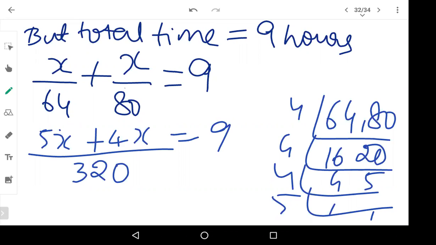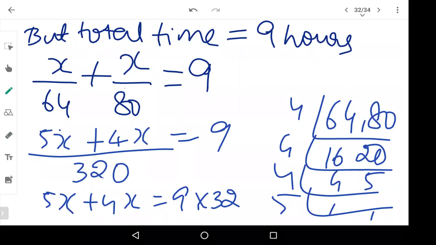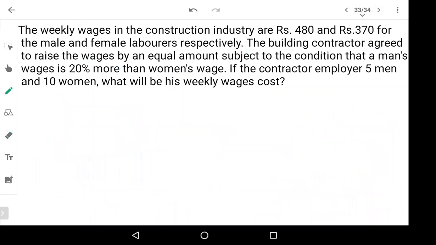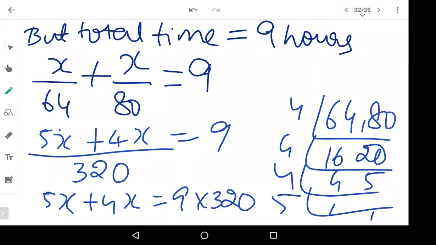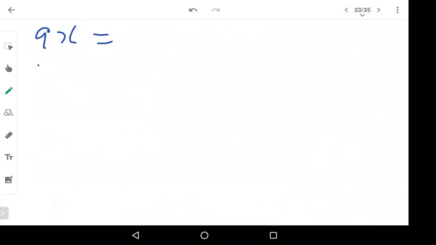Correct? Now I can take 320 to the other side. 5x plus 4x is equal to 9 into 320. So 5x plus 4x is 9x equal to 9 into 320. 320 into 9, how much do you get? 2880.